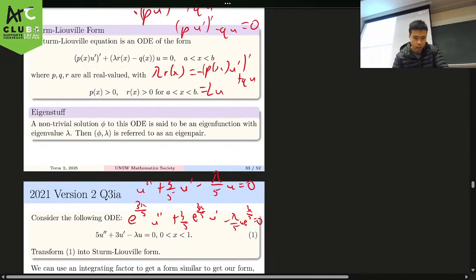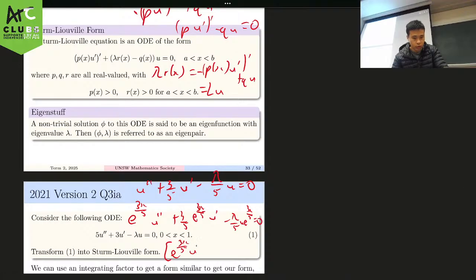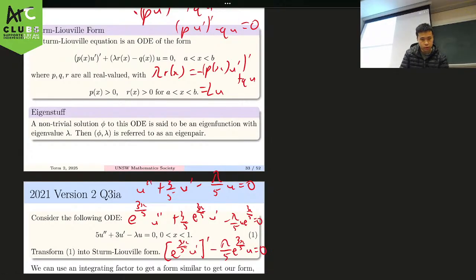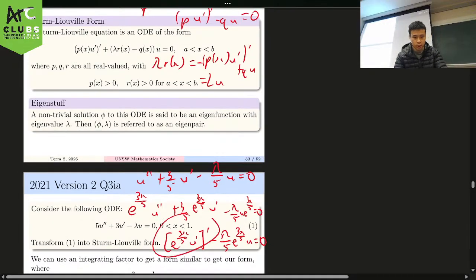Then what I can do is compact the first two into e to the 3x on 5 times u dash, and dash the whole thing, minus lambda 5 e to the x on 5 times u. Oh, I missed something, but it should be fine because this here is already in this form.